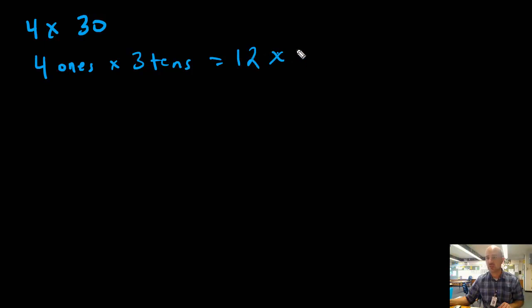So I have my 12 times 10, my 12 from my 4 times 3, and my 10 from my 1 times 10. So I could do that to get 120. And if I multiply 4 times 3, that's 12, and I can tack my 0 on there, so I can see how that works out.